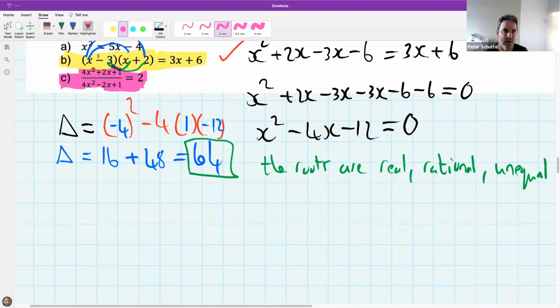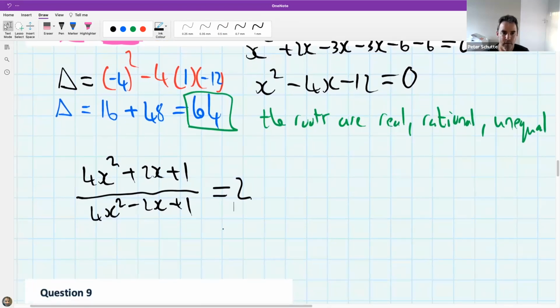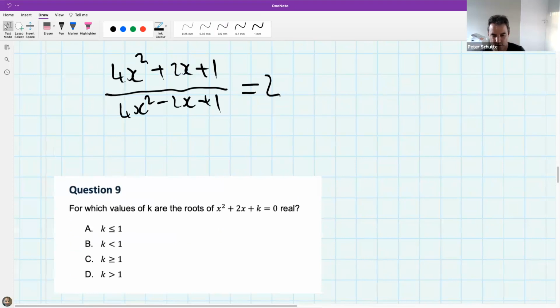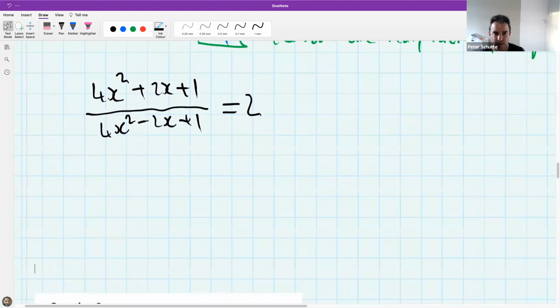I'll write it down here so you can all see it. So we're trying to understand, how do I classify the nature of the roots for this one?